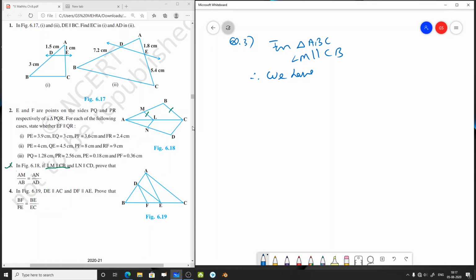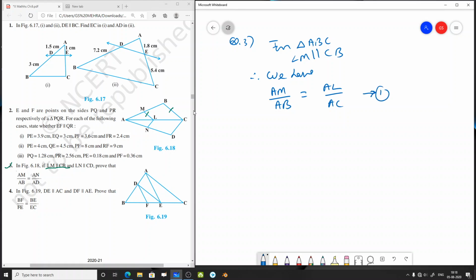We have AM by AB equal to, the corresponding part of AM is AL in the triangle ABC. So equal to AL over the corresponding part of AB, which is AC. So AL by AC. Though this is not the BPT, this is the extension of the basic proportionality theorem. So you have to remember that this is the extension of BPT. So this is equation number 1.